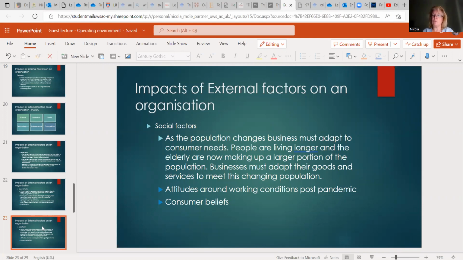They would much rather work from home because they don't have the long commute to the office. They save money on public transport. However, also some miss the social factor that work gives you. And consumer beliefs about different products and services also affect how a business is going to run.